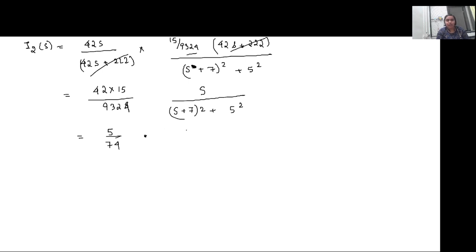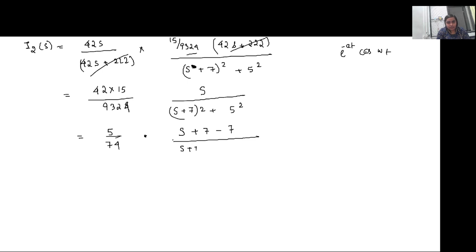Now in order to convert this into the Laplace transform of a cosine function, you add 7, because it has to be s plus a on the numerator too. If it is e to the power a t multiplied by cos of omega t, then both the numerator and denominator have to be s plus a. So you can write it as plus 7 minus 7.